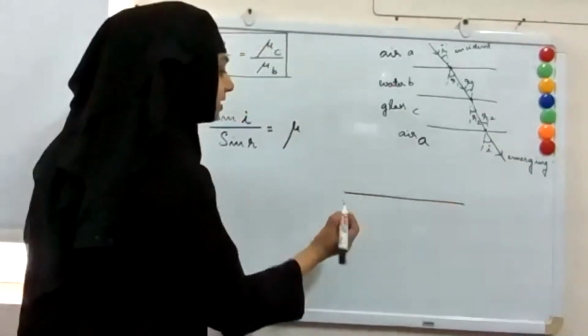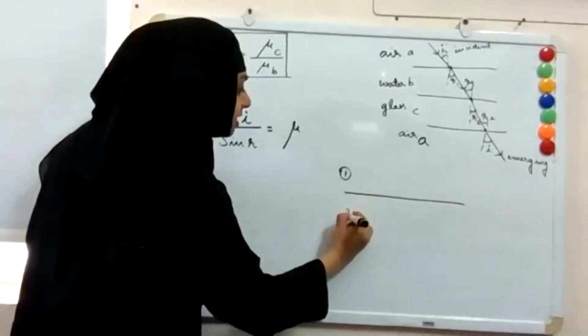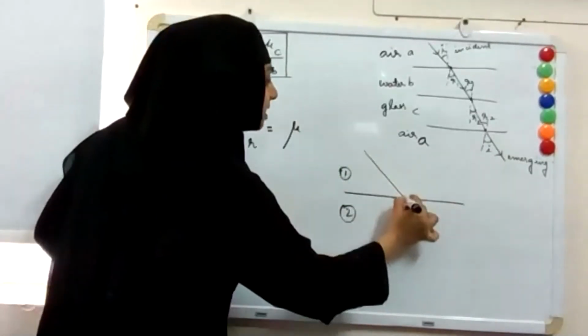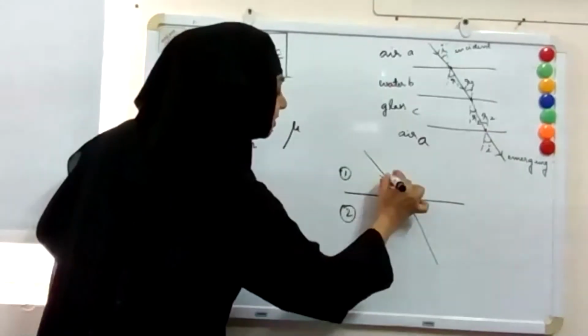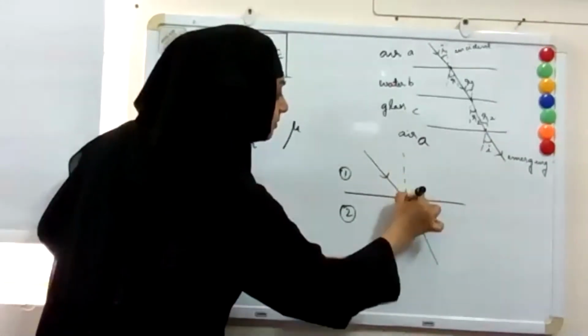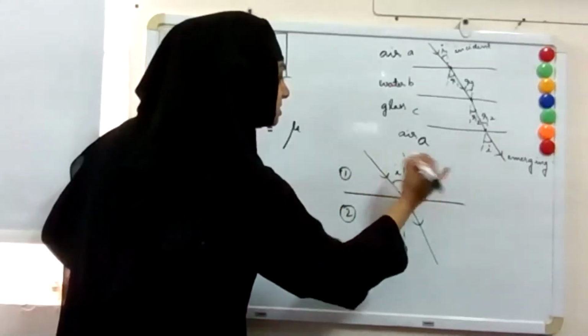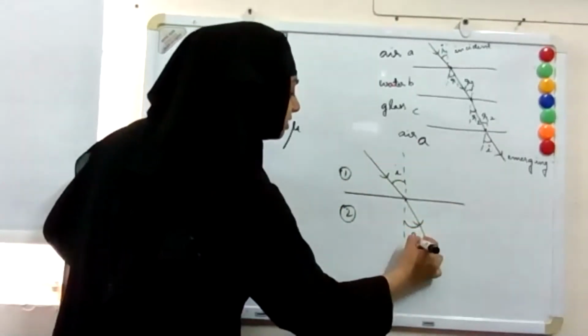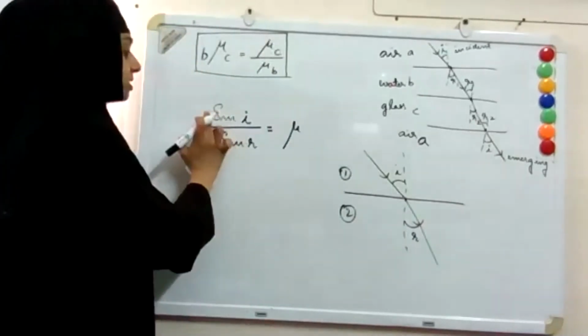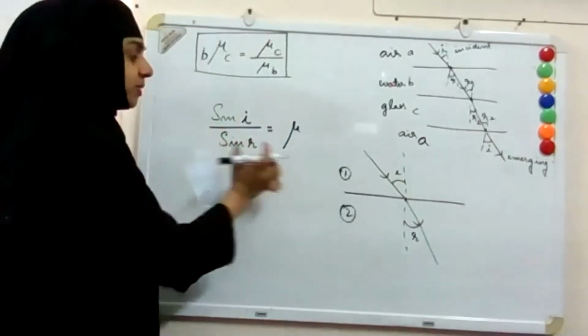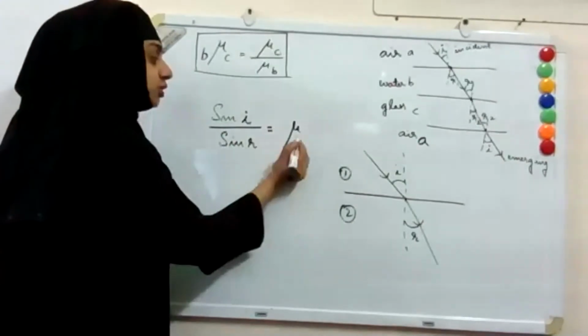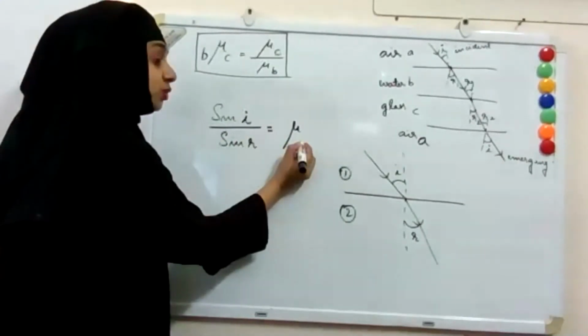Suppose we have two media, medium 1 and medium 2, and the light is entering from one medium to another. Here the angle of incidence is I, and the angle of refraction is R. So sin I by sin R will be equal to mu. What should I write here, 1 or 2?